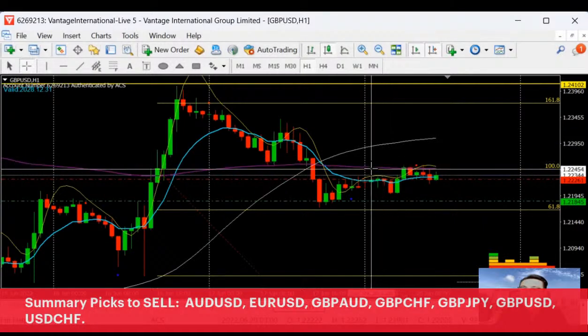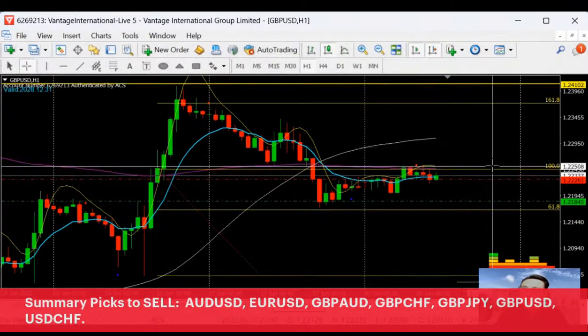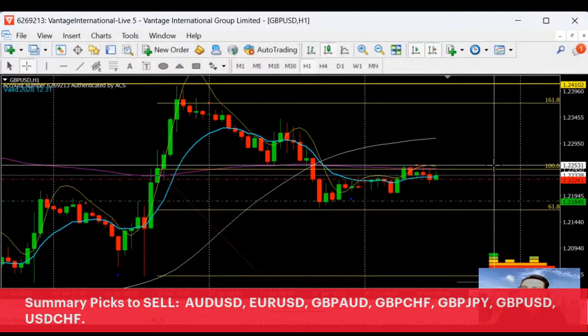So do you mean this level? 122.12 on the top of Asia today. The price is basically sitting at the middle of Asia, undecided whether to go up or down.